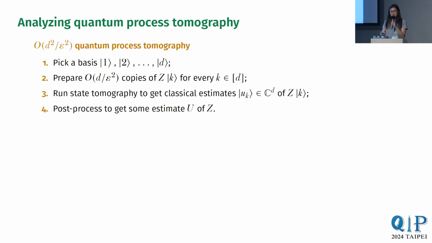For a particular basis vector k, I apply my oracle to it to get the state U ket k, and I get a bunch of copies of this. Using these copies, I'm going to run a state tomography algorithm to learn what this state is. This gives me some estimate u_k, a list of entries, and using this list of entries, I'm just going to collate them into an estimate of the unitary.